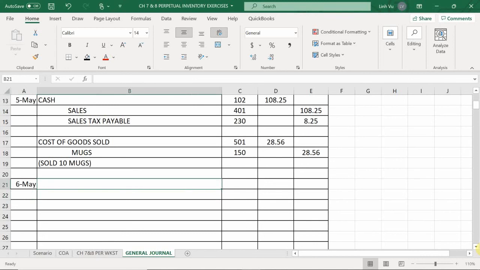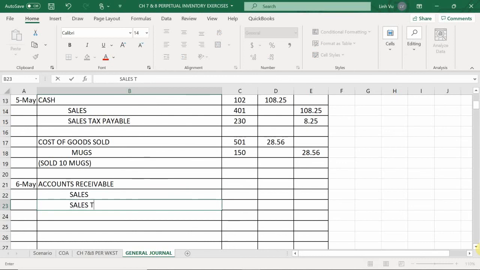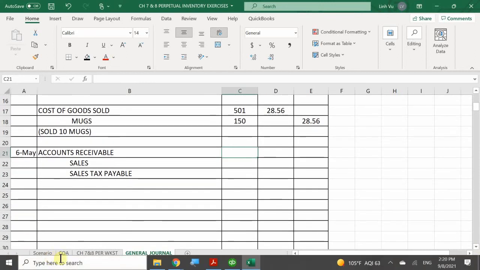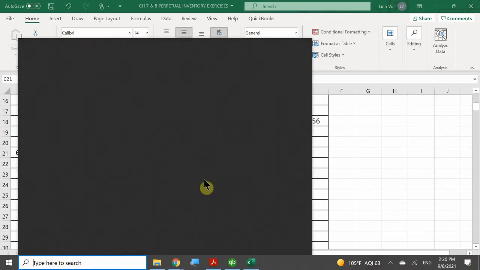So it's going to be accounts receivable. We made a sale, so we must charge sales tax. Accounts receivable, was that 102? I don't think it was.